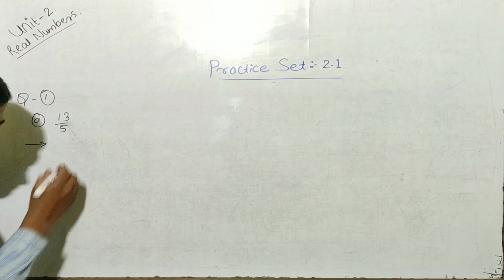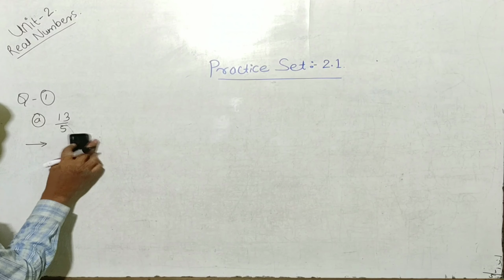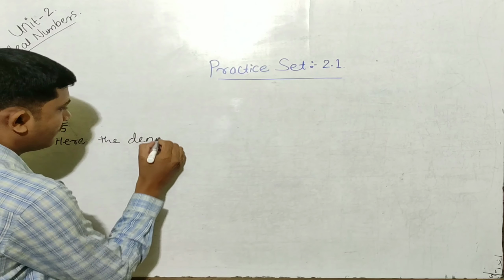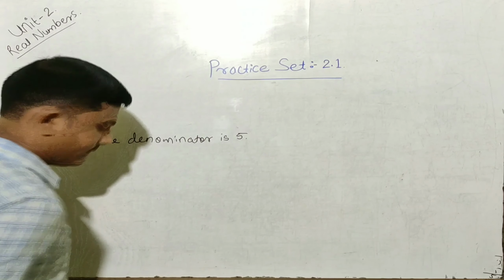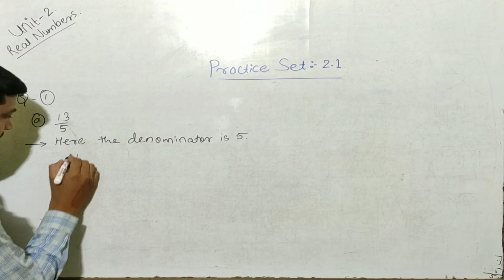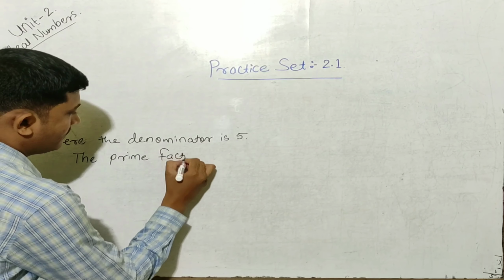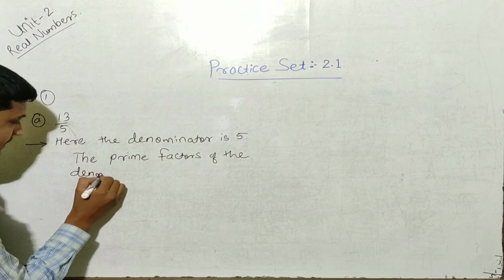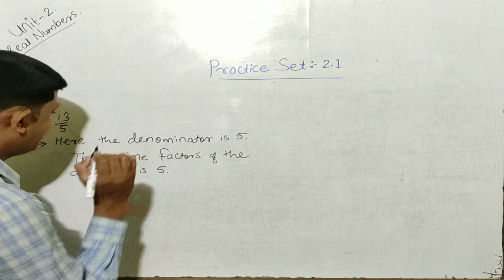So here the denominator is 5. Therefore the prime factor of the denominator is simply 5.